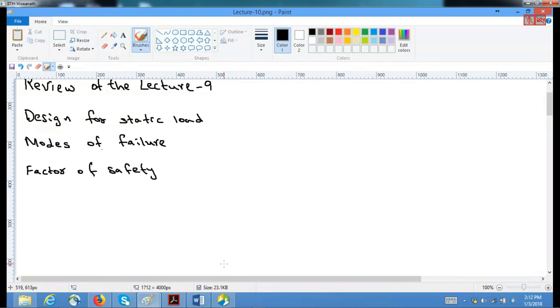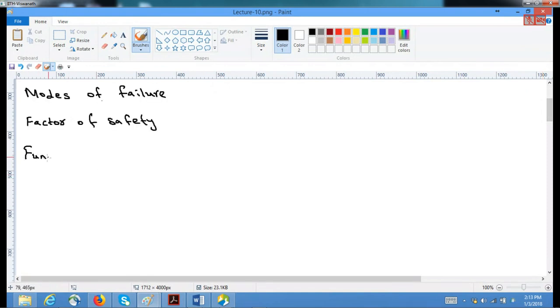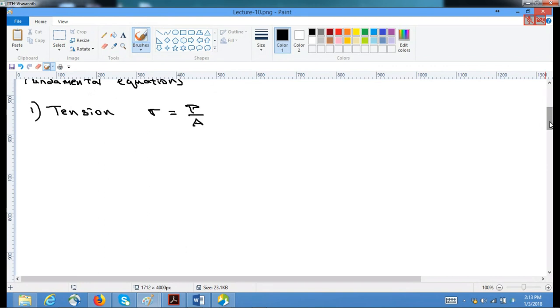After that, we also looked into some fundamental equations. The first one, for tension: we said sigma is equal to P by A, where P is the normal force and A is the normal area.